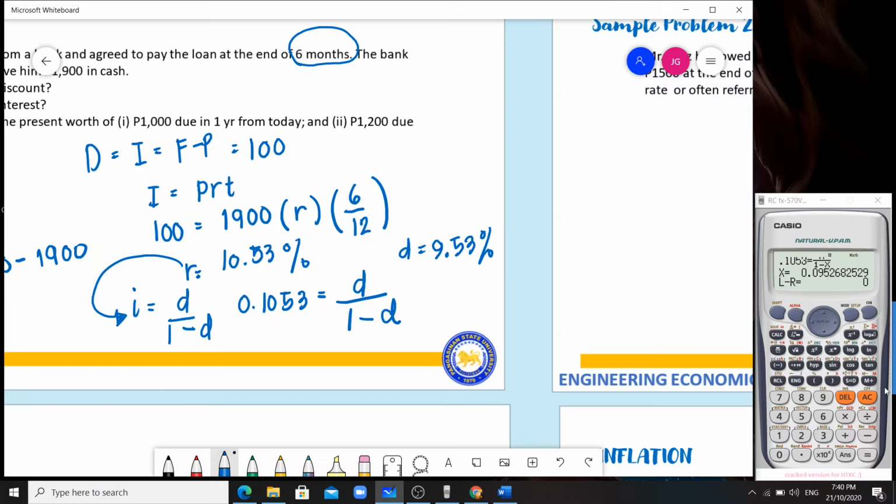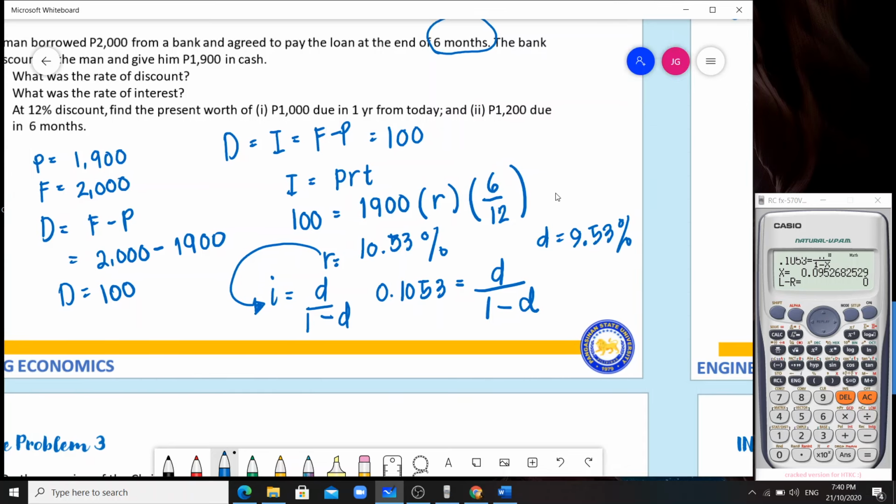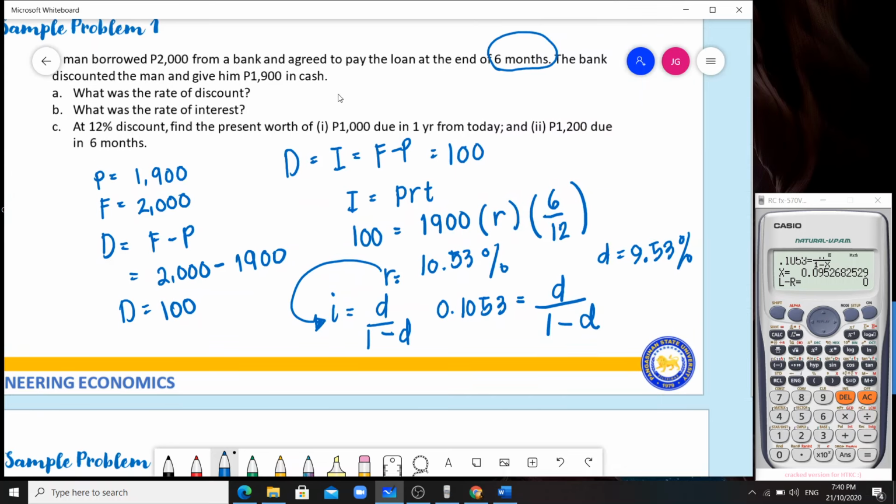Okay? So, ayan. Ganyan yung formula ng discount at saka interest. So, may sagot na tayo sa letter A, which is this one. And sa letter B, which is this one. Okay?